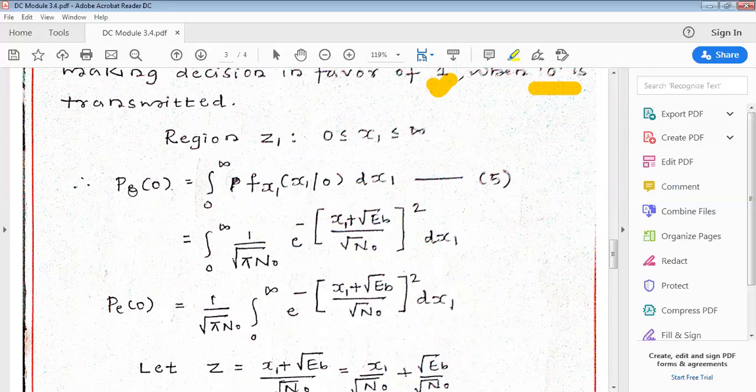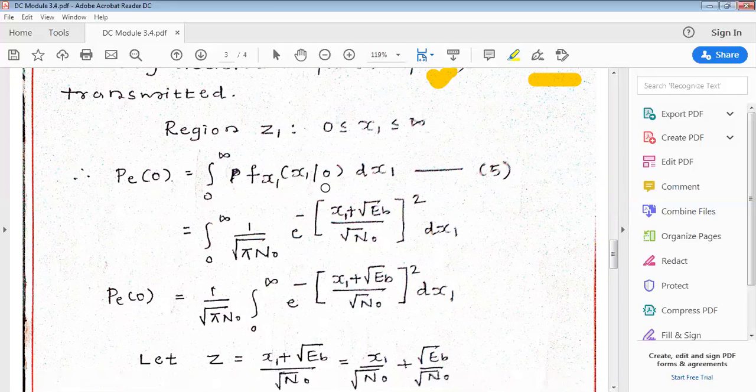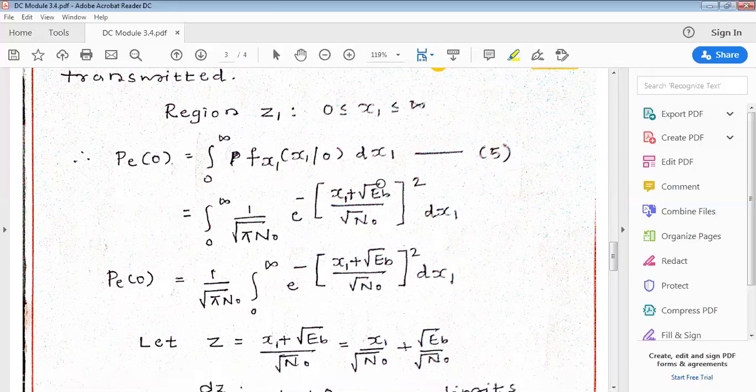So the probability of error when symbol 0 is transmitted is given by the integration from 0 to infinity of the conditional probability density function when 0 is transmitted, which we have already calculated in the previous step, into dx1, because the variable is x1, so it has to be integrated with respect to dx1.